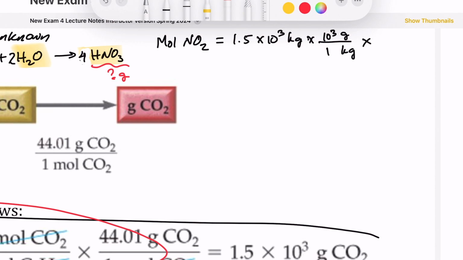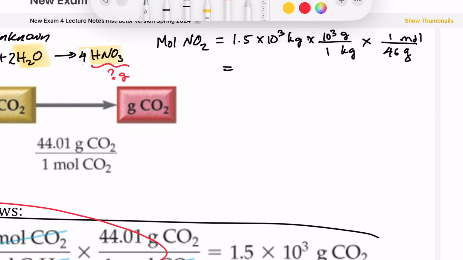And then you're going to need to find the molar mass of NO2 in the periodic table. If you search that up, it should be just around 46. So it'll be grams at the bottom, moles at the top, 46 to 1. And once you do that, you'll be able to convert the mass to moles.